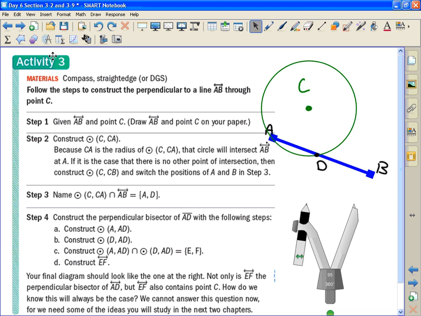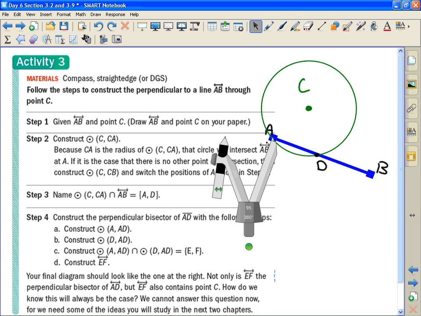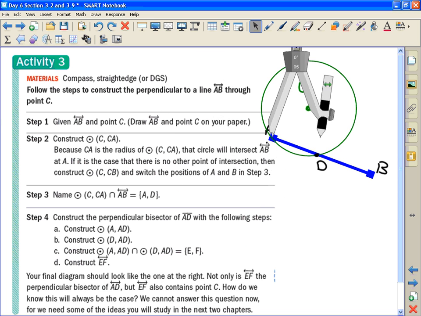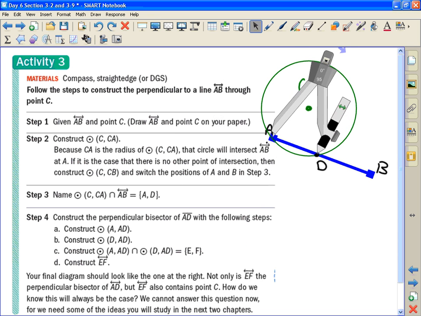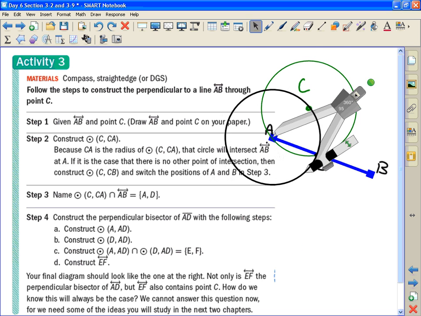Now, to construct the perpendicular bisector of AD, I'm going to construct the circle with center A and a radius of AD. I will place my point on A, and I want my pencil to go through D. Once I get that, I'm going to draw a circle.